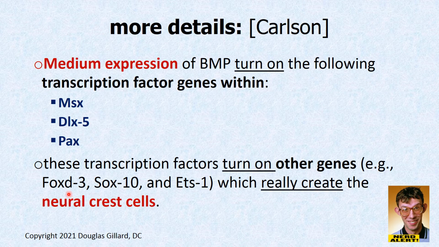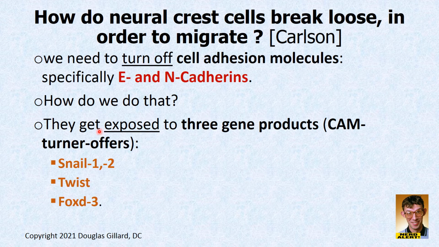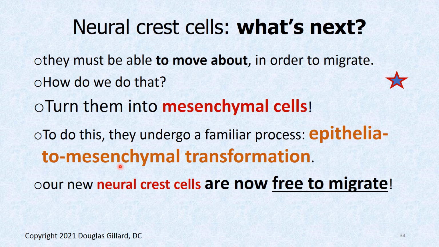FOXD3, I just realized that was already included over there. So those are the ones that turn off the cadherins, because we're turning them into mesenchymal cells which can move, and they can't move if they're attached to the ectoderm or the neural ectoderm. They have to be free, and to free them, we need these genes turned on, and they need to release those gene products.